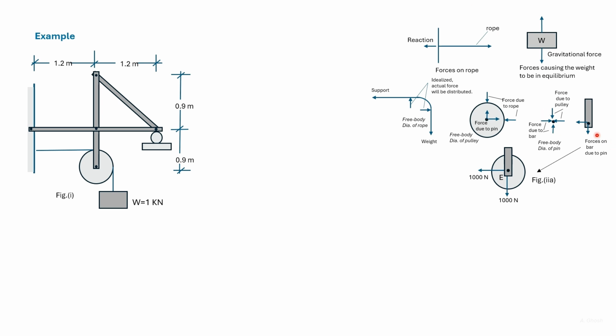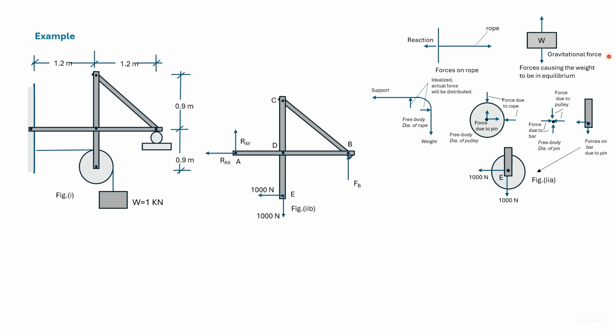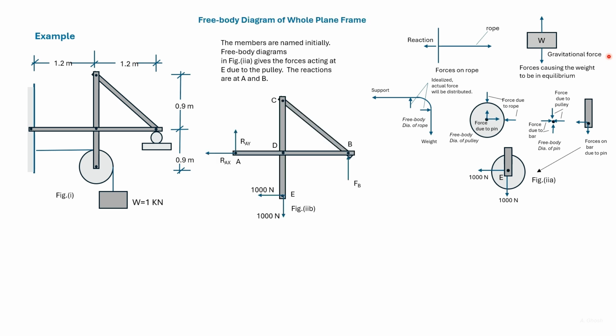The pin reacts with equal and opposite forces on the bar. Since we'll be considering equilibrium of the members, these are the forces we are interested in. So now we have the forces acting on the members.